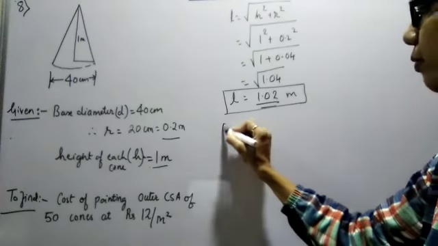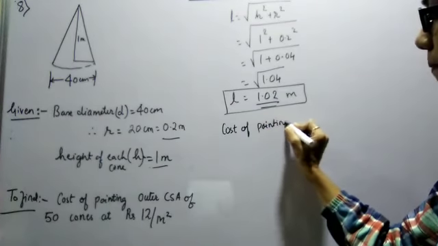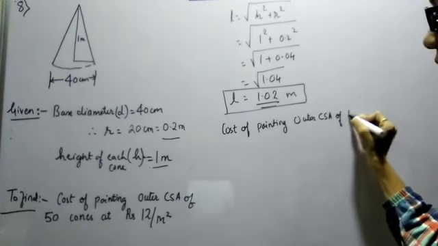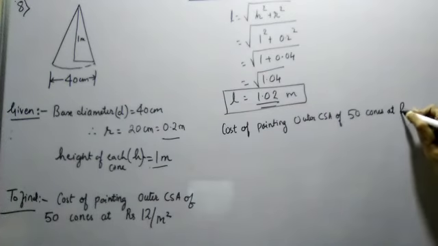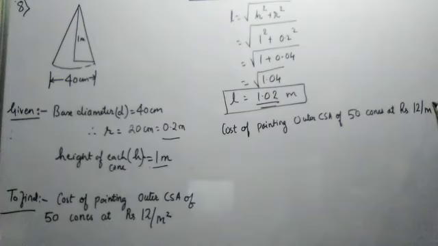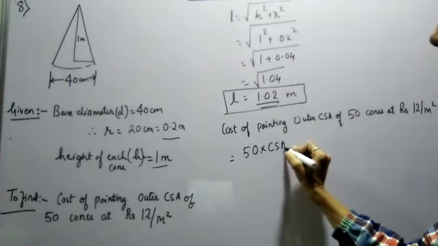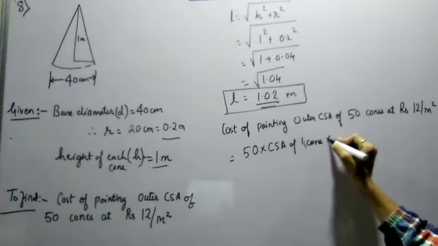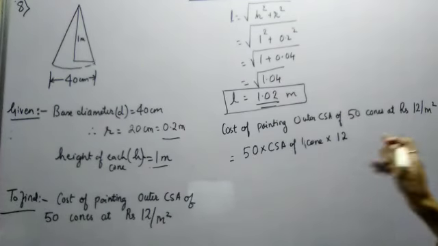Now we have to paint 50 cones and the rate is given. So what are we going to do? Cost of painting the outer CSA of how many cones? 50 cones at what rate? Rupees 12 per meter square. So 50 into CSA of 1 cone multiplied by the rate, 12 per meter square.